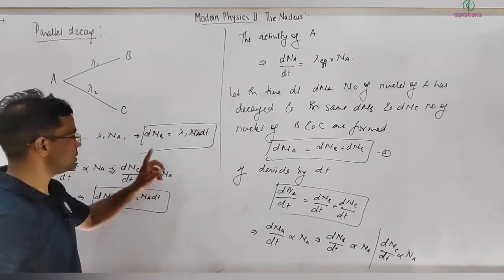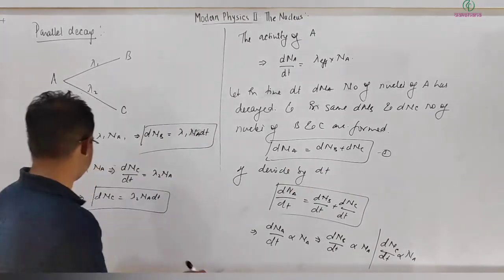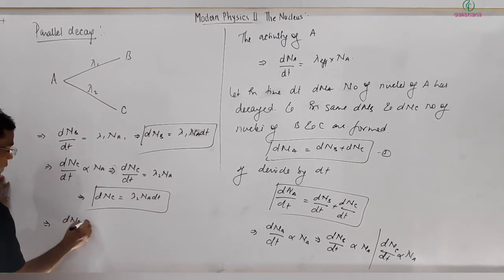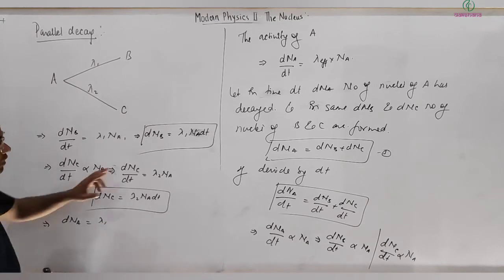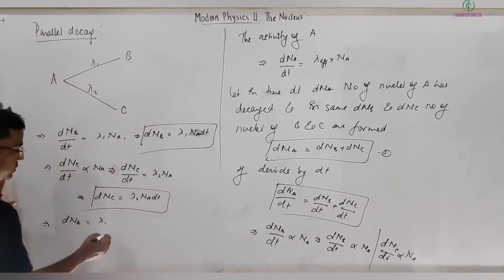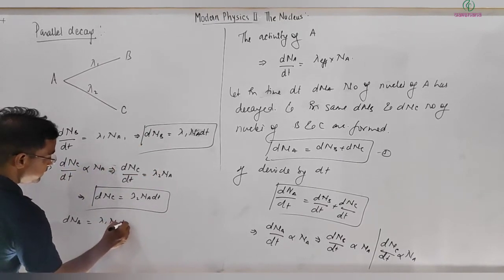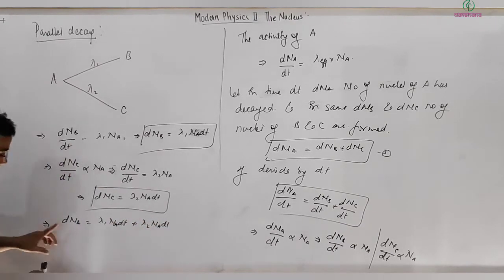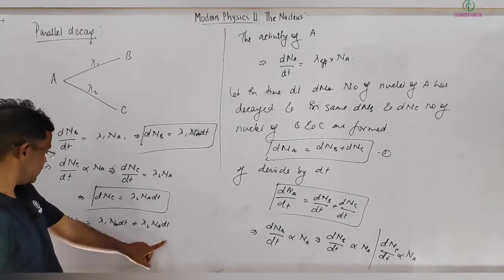Now see, if I substitute these things here, then what we are getting is dNA is equal to lambda 1 dNB, so this is lambda 1 Na dt plus lambda 2 Na dt.